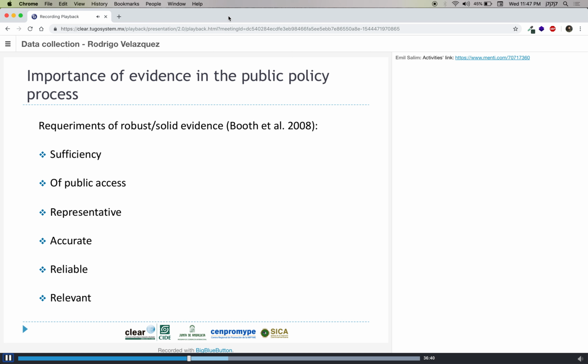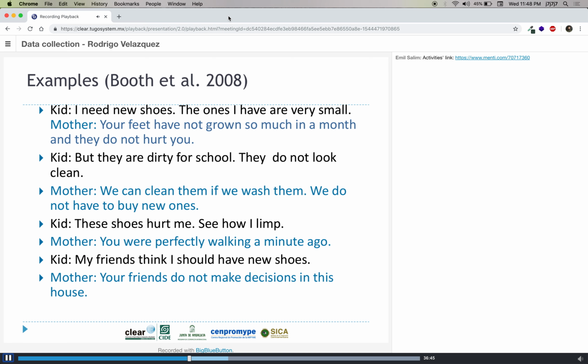No, it is not sufficient because actually the mother in this example provides a counter argument. She says, your feet have not grown so much in a month and they do not hurt you. So it might be possible that maybe he has bigger feet. However, it is not enough to achieve what he wants, to get new shoes, right? Because he is not being accurate.